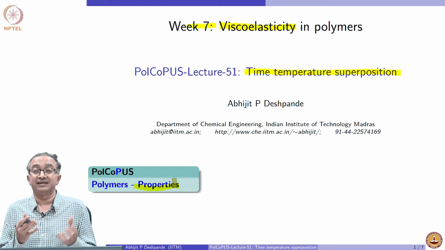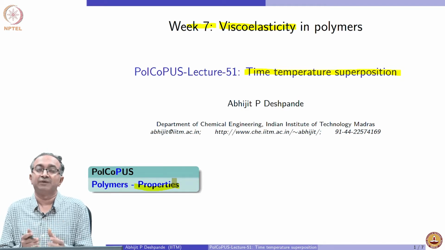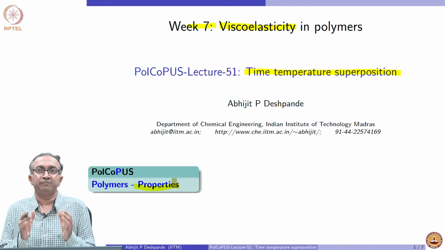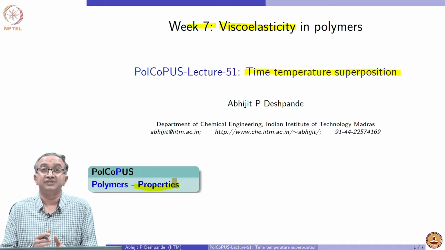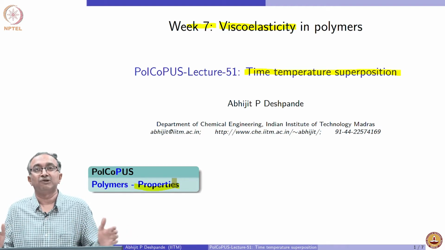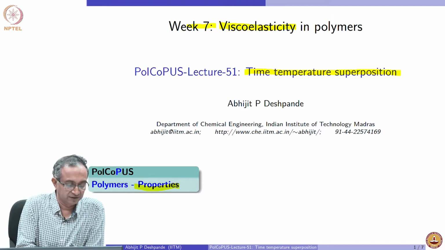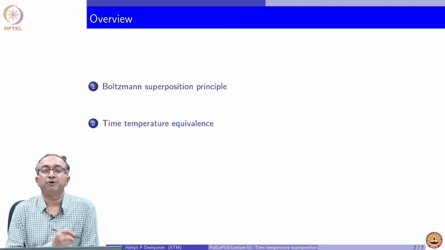So, given this length and time scales involved in the macromolecule, it is useful to also examine them at various different strain rates, at various different frequencies. And so, the experiments that we do may be in limited range, but by doing experiments at different temperatures and then shifting the data suitably, we can get response over a much longer time scale or much longer frequencies.